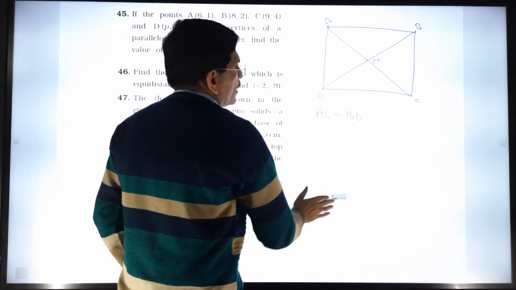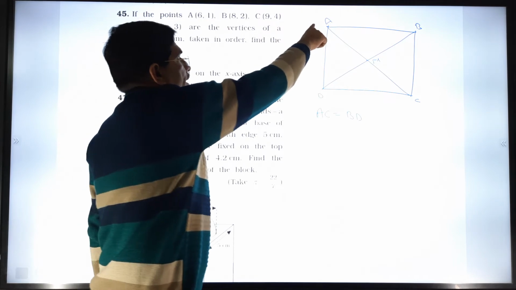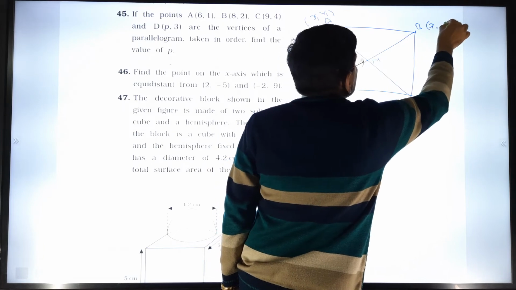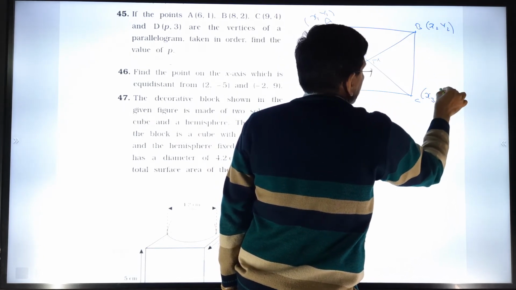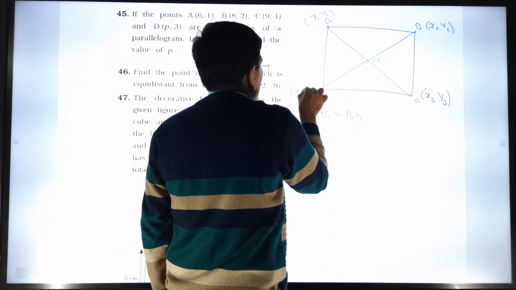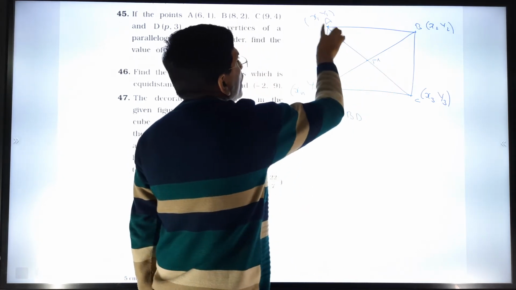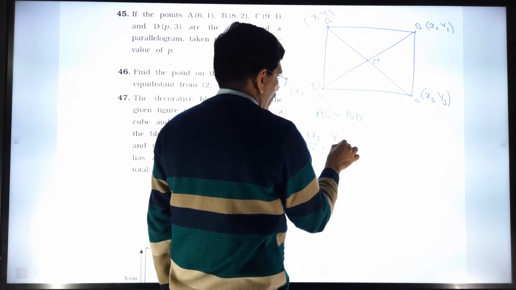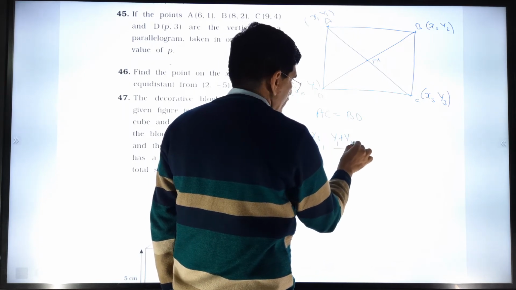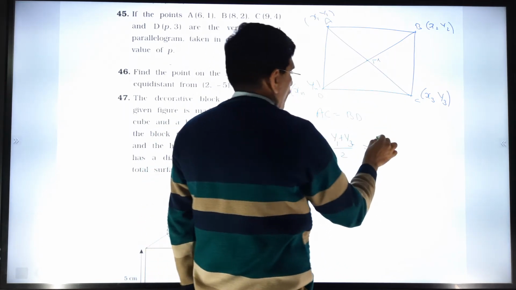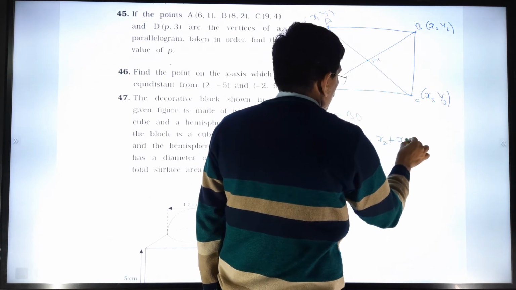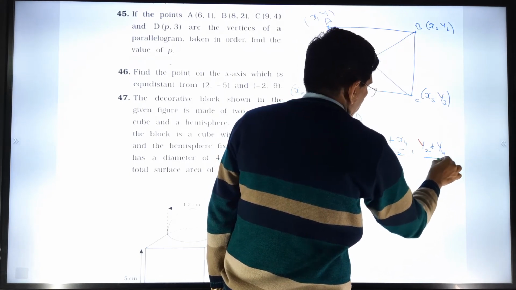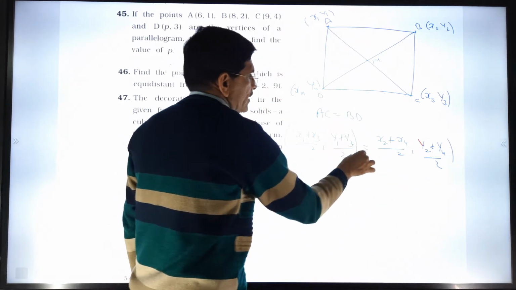If I write x1 y1, x2 y2, x3 y3, and x4 y4 here, then x1 plus x3 by 2, comma y1 plus y3 by 2 is equal to x2 plus x4 by 2, comma y2 plus y4 divided by 2. Now we can compare this. Why?